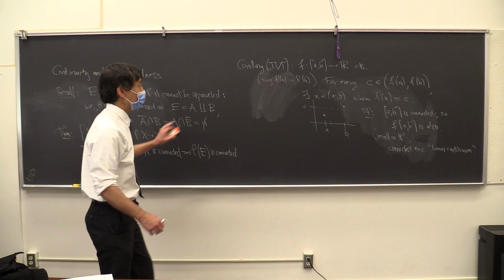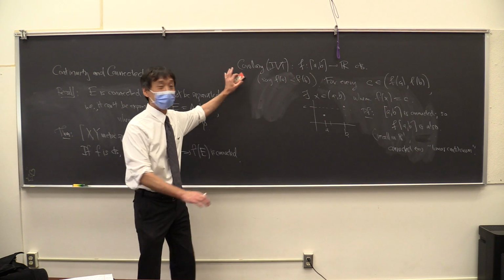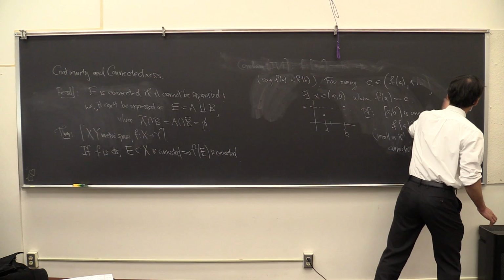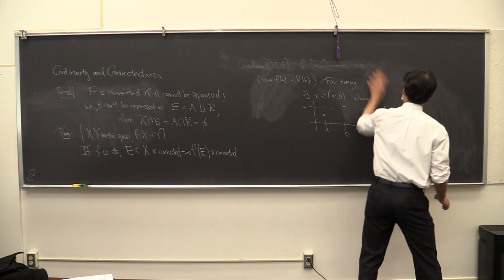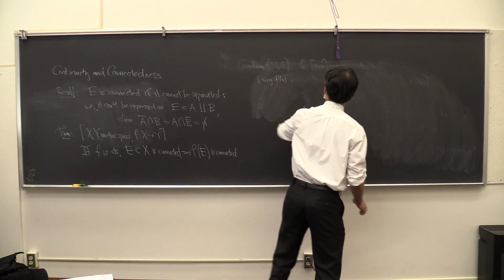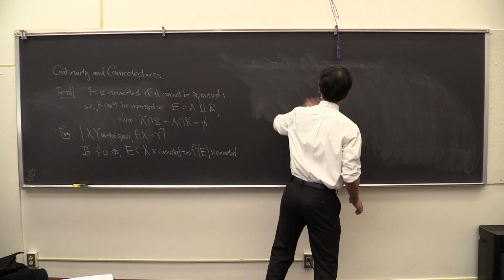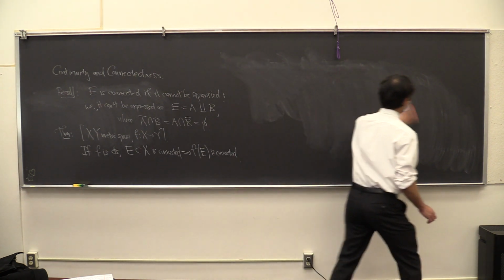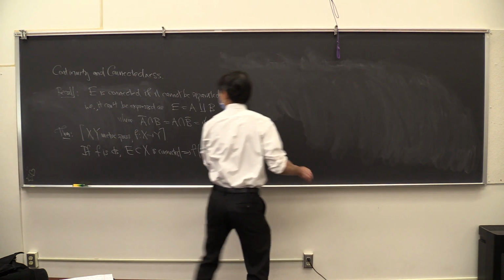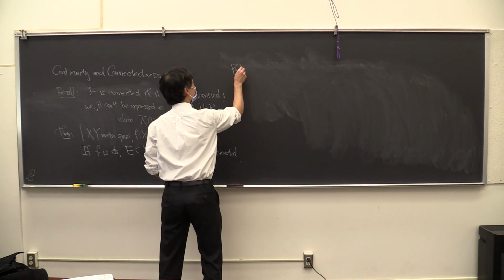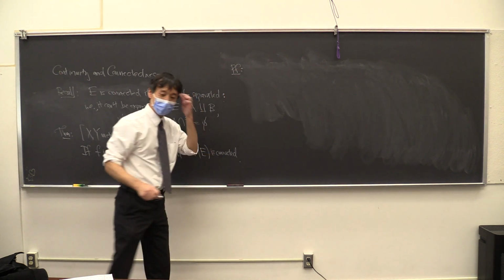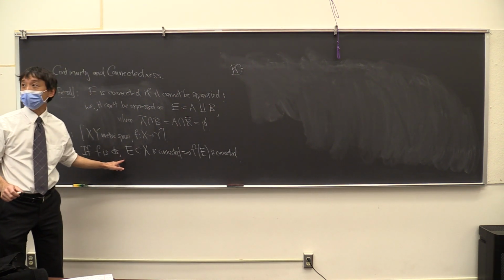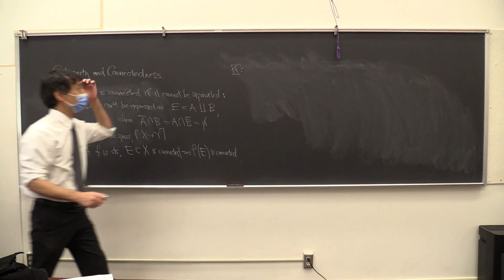Okay, so I'm going to erase this because there's not much here, and I'll use this space for the proof. So let's get to the proof of this fact that the continuous image of a connected set is still going to be connected.